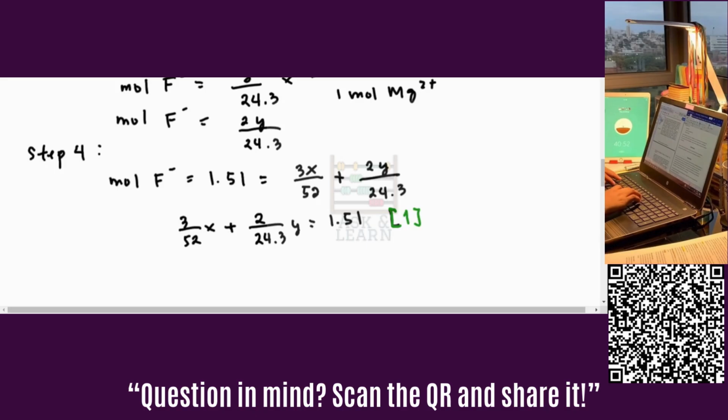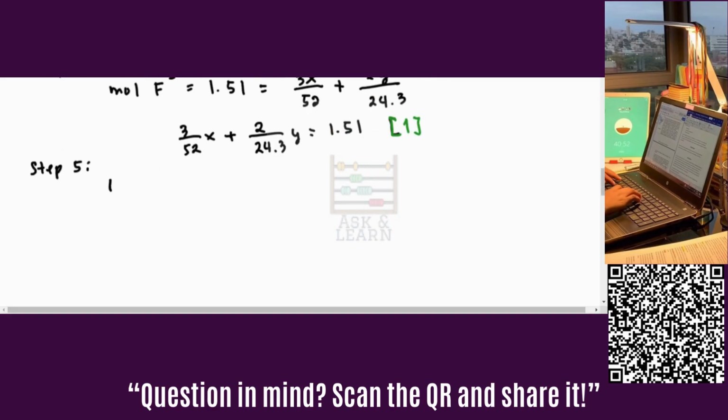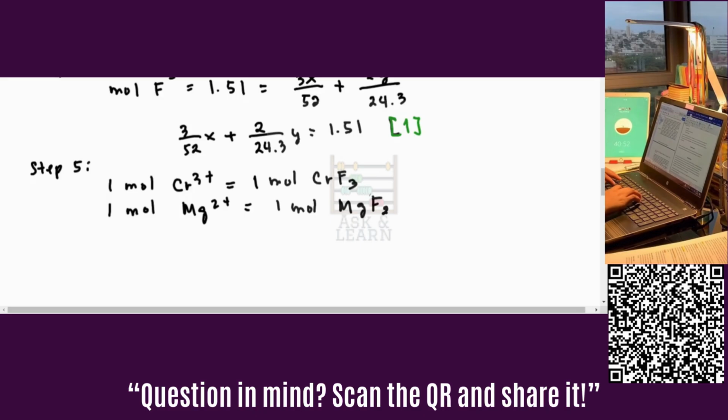Okay, so we must also note that from the same balanced equation above, the moles of the cation is equal to the same moles of the fluoride precipitate that it forms. So from here, we will be able to solve for the mass of the precipitate.